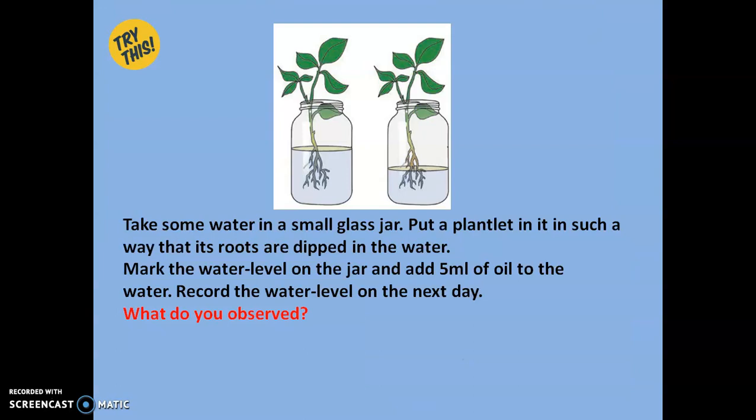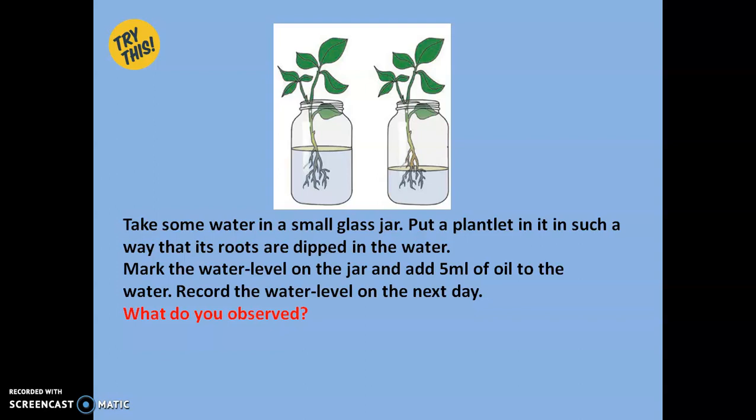Okay. Now, let's try one more activity. Take some water in a small glass, put a plantlet in it in such a way that the roots are dipped in water. Mark the water level on the jar and add 5 ml of oil to the water. Why are we adding oil here? So that we can see the layer of oil, because water in a clean glass will not be easy to see.